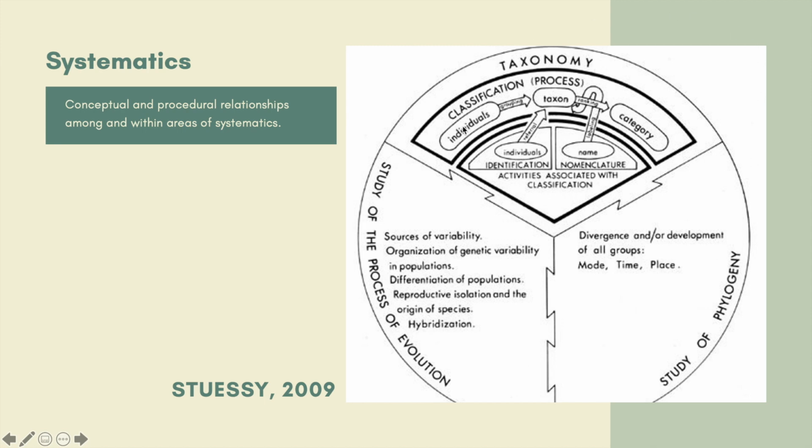So we have taxonomy here, we have the study of the process of evolution, and here we have the study of phylogeny. So this triad is very important for systematics, for us to create these relationships among these different areas, for us to create this narrative, because that's life, right?